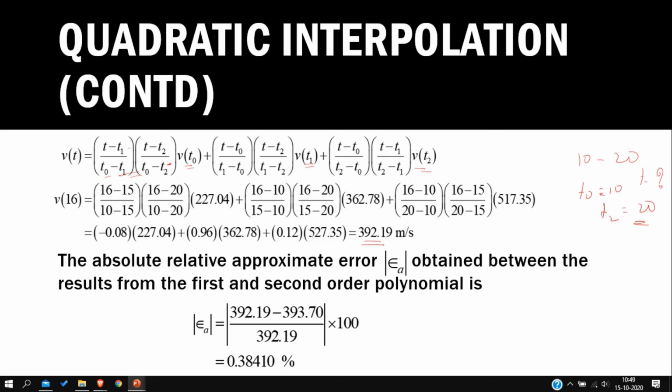The linear interpolation procedure or the quadratic polynomial? Which will result in a better result in your opinion? That is, whether 392 will be closer or 393 will be the closer value. So anyway, there is some relative error of 0.38 percent. Please think, which is closer?